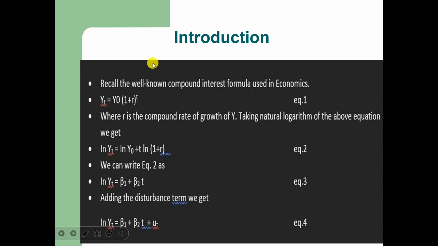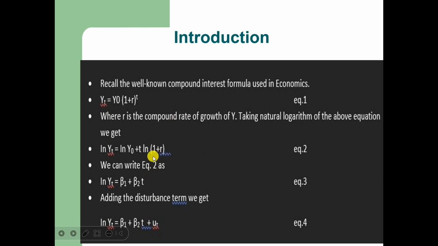Now, this seems a little bit confusing, but it is not confusing at all, because if I take the natural log of equation 1 on both sides, I get equation number 2, where natural log of y t is equal to natural log of y naught plus t times natural log of 1 plus r.